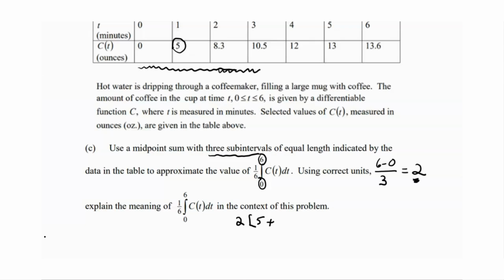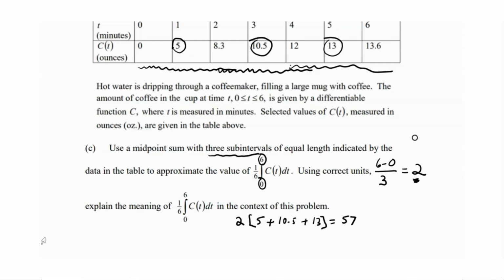The next interval goes from 2 to 4, so the midpoint would be 10.5. And then our last one from 4 to 6, so the midpoint is 13. And when we add up the inside of the brackets, we get 28.5 times 2, which is 57.